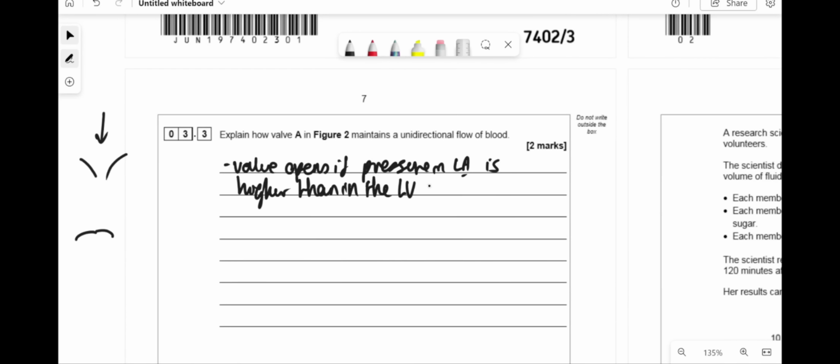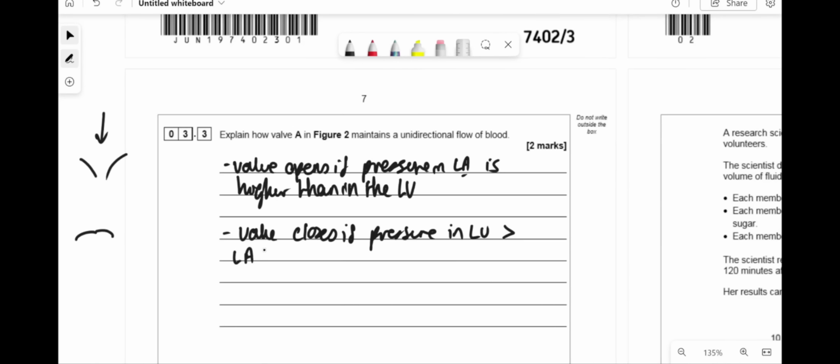That makes sense because when the left atrium is contracting, you want to get blood into the ventricle. You don't want it to go back up. But then the left ventricle needs to pump and get everything going around the body, and we don't want it to shove blood straight back into the atrium. So the valve closes if the pressure in the left ventricle is higher than the left atrium.